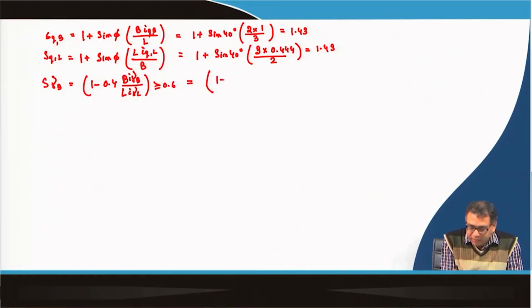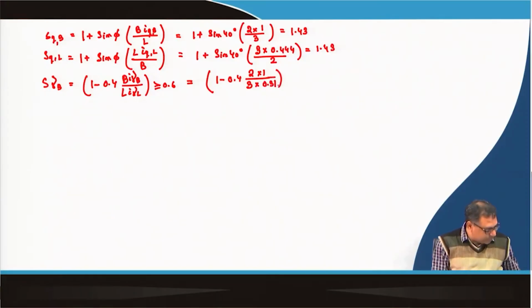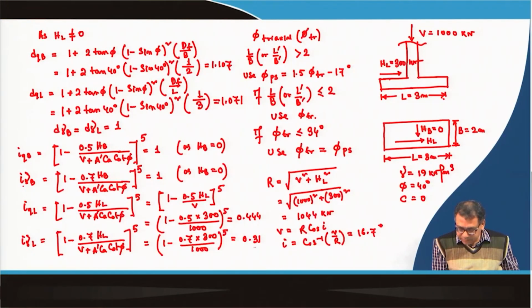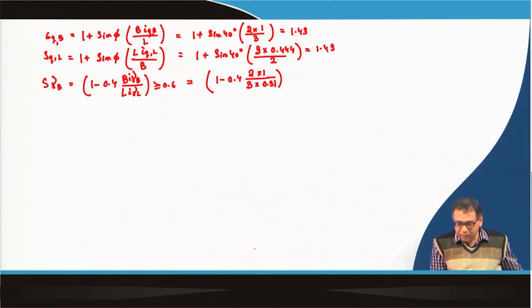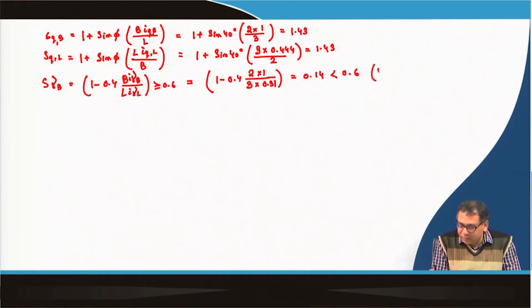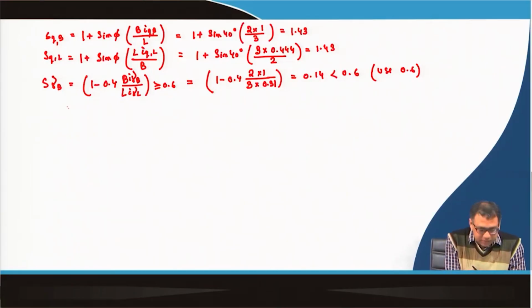So, now I can write 1 minus 0.4, B is 2, i gamma B is 1, then L is 3, i gamma L is 0.31, because this is 0.31, this is 0.31. So, this value is 0.14, as it is less than 0.6. So, use 0.6, because it should be greater than or equal to 0.6.